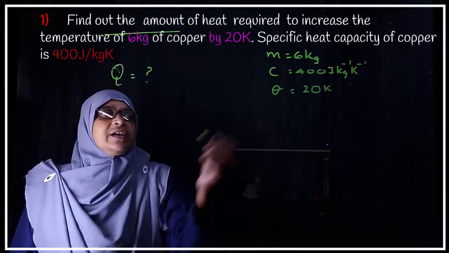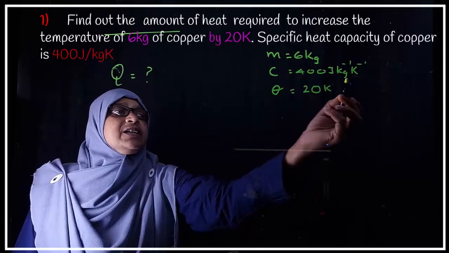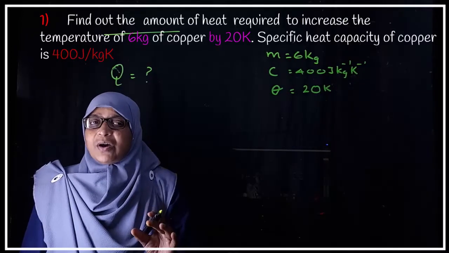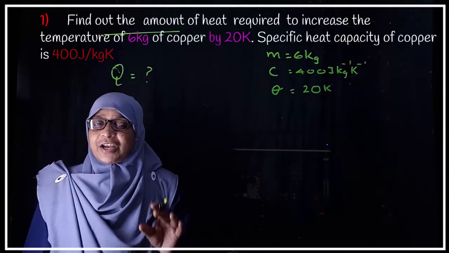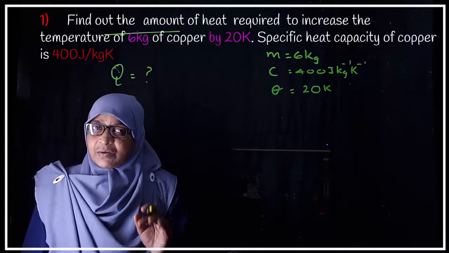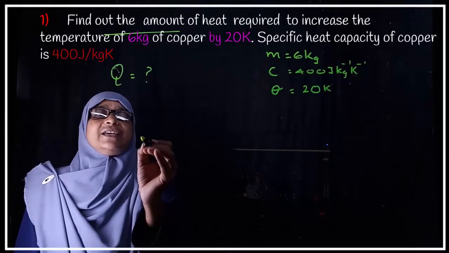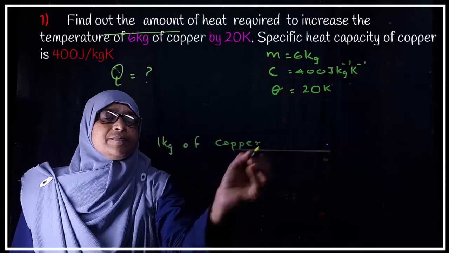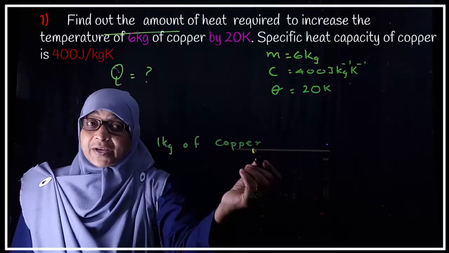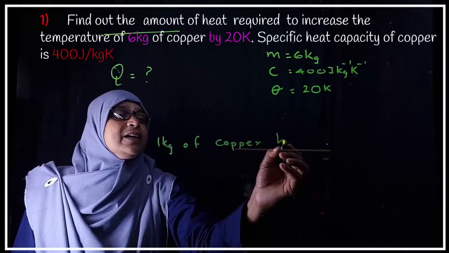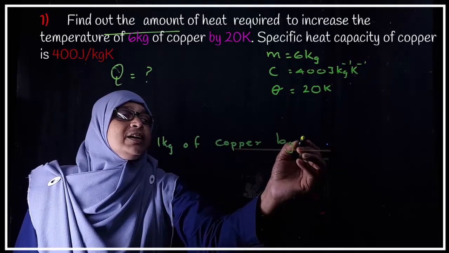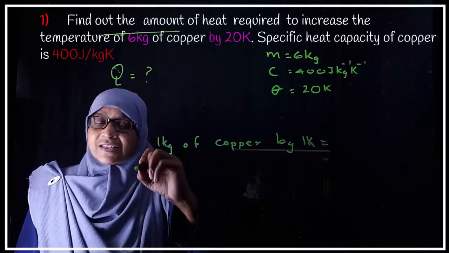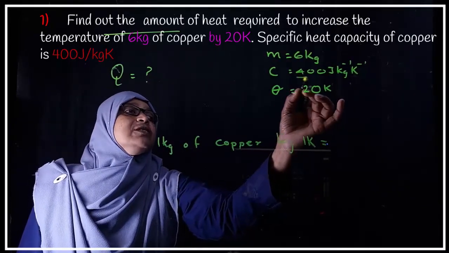Now children, this specific heat capacity means the amount of energy required to increase the temperature of 1 kg of copper by 1 K is 400 joules.